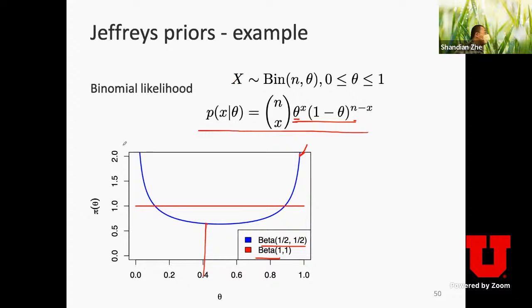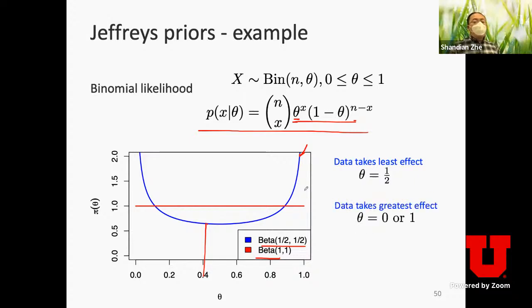Okay. So in our particular example here, both the uniform and the Jeffreys priors can be viewed as uninformative priors, but then we need to look at their difference and which one you prefer more. But here I want to highlight a better property of the Jeffreys prior, which is that it aligns with the data likelihood more. So you can imagine the posterior distribution will be more influenced by the likelihood.